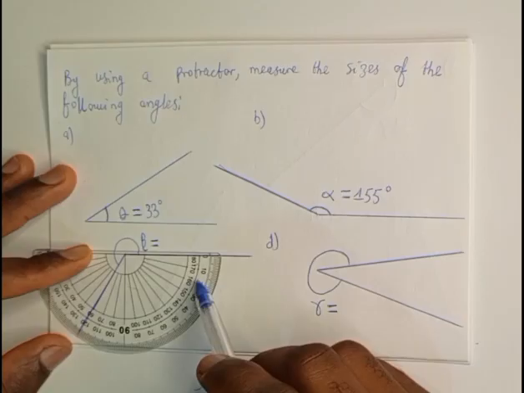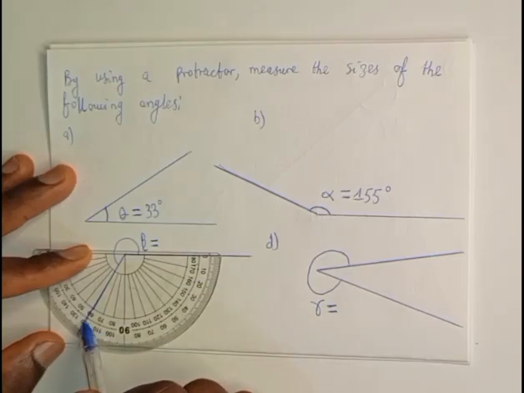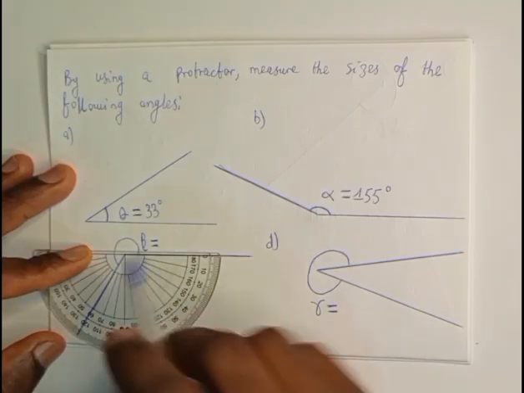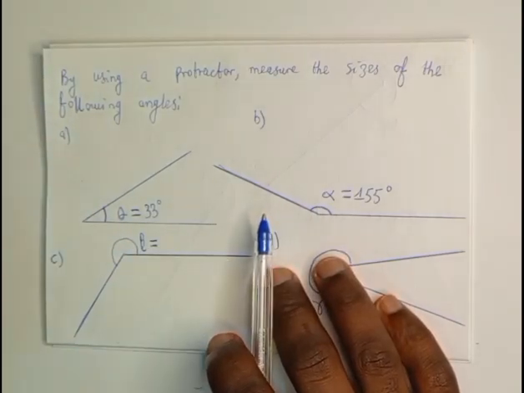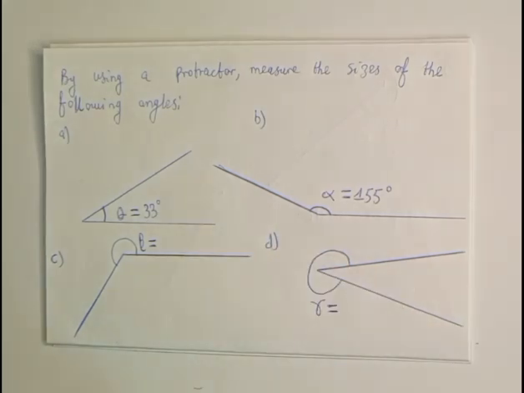We are going to count 110, 120, 121, 122. So it gives us 122 degrees. For us to get the angle beta, we are going to take 360 degrees minus 122 degrees.